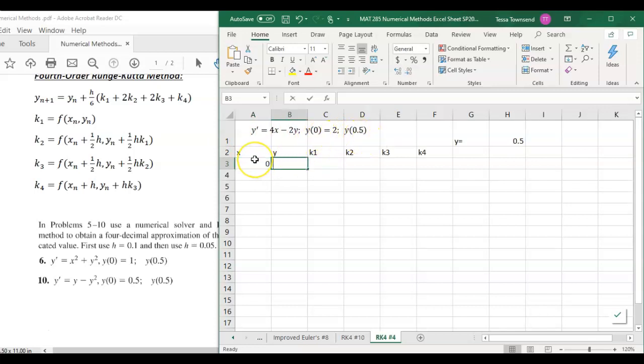So that's our first X and Y. We want to find Y of 0.5, and I'm going to use a step size of 0.1. So this is H equals 0.1. So we need a formula for X. So we're going to do equals X plus that step size. I'm going to go ahead and drag this guy down.